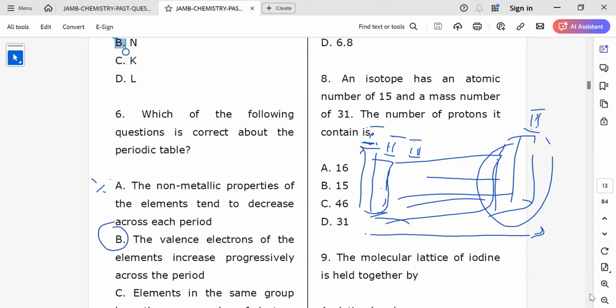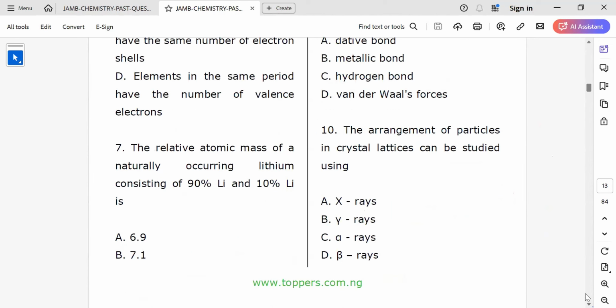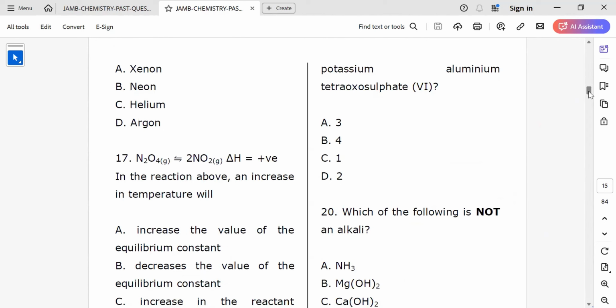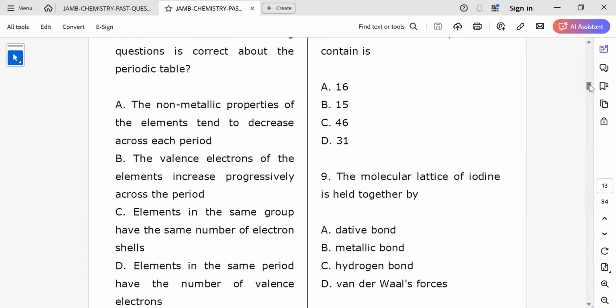So let us also look at option C. Option C says elements in the same group have the same number of electron shells.